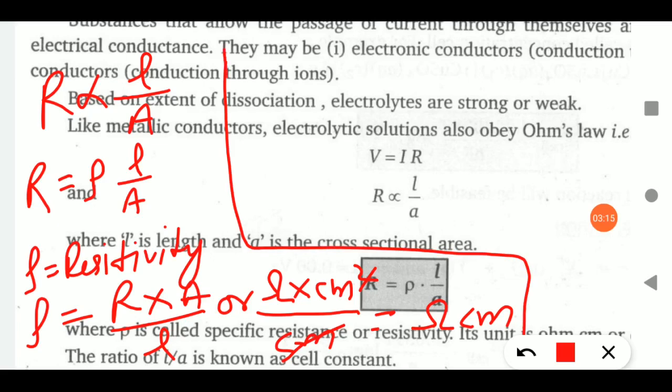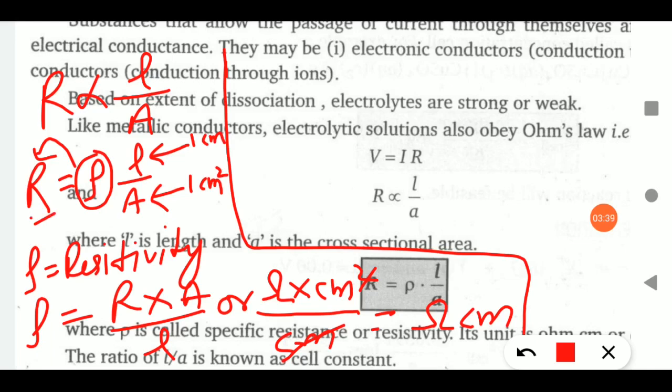And what is resistivity, students? Resistivity is the resistance of an electrode or wire having a length of 1 centimeter and a cross section area of 1 centimeter square. So take l and A as unity, so rho will be equal to R. Is it clear?